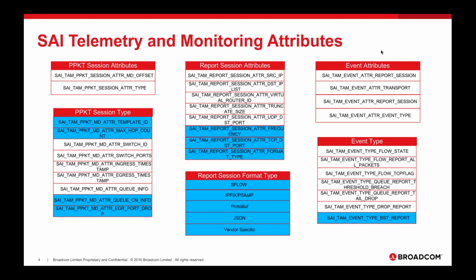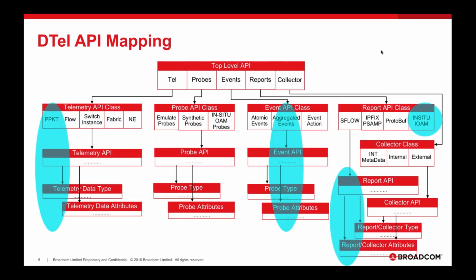And then the last slide essentially says that it's very easy for the current DTel spec to migrate to this infrastructure. Right now in the current DTel spec, if you see the event, reporting and the telemetry APIs, they are all a single blob. So we essentially tease them apart. The APIs which are specific to telemetry go into the per packet API class.